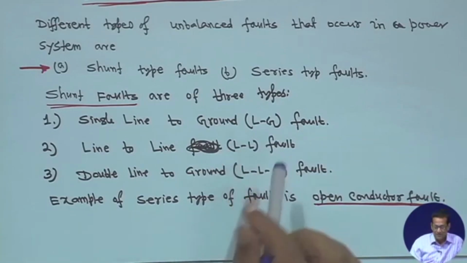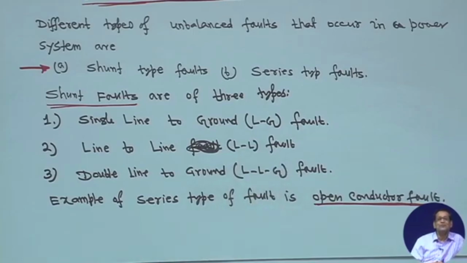But simultaneous occurrence of 2 faults, for example phase A to ground fault and phase C to ground fault, the probability of such simultaneous occurrence is very rare, or line to ground fault on phase A and line to line fault on phases B and C, these occurrences are very rare. So, we will not study those things. The probability is almost negligible.